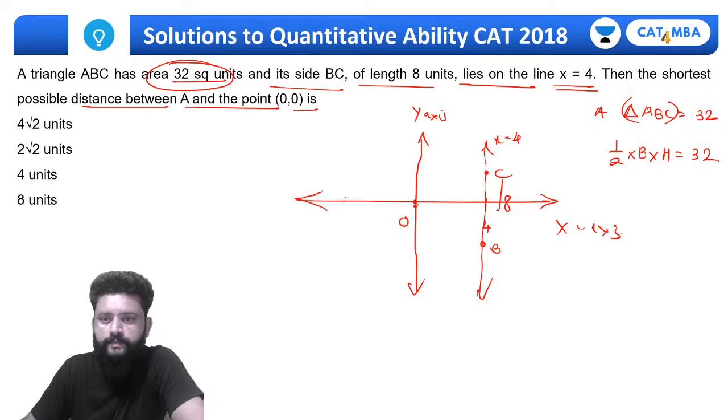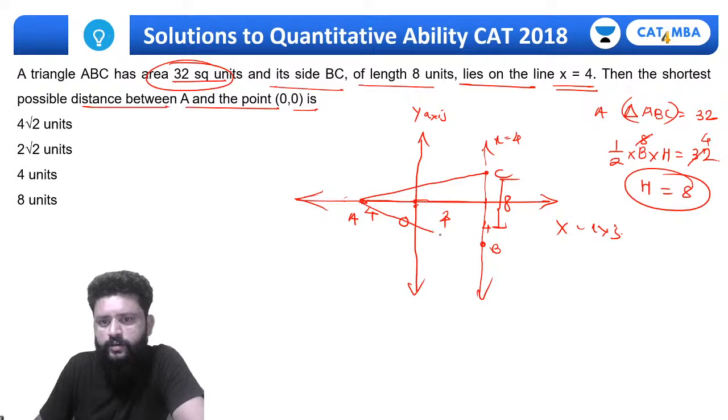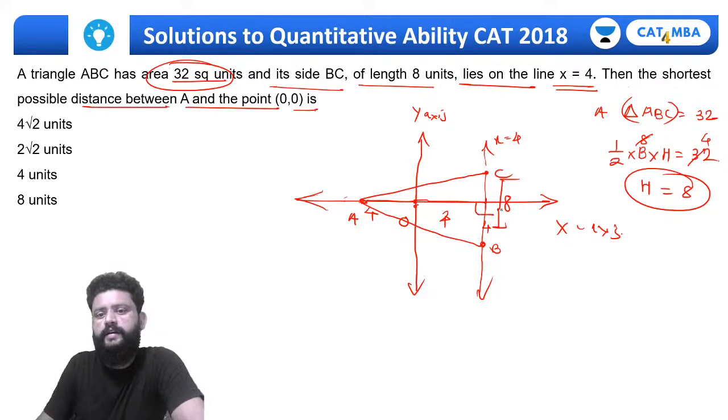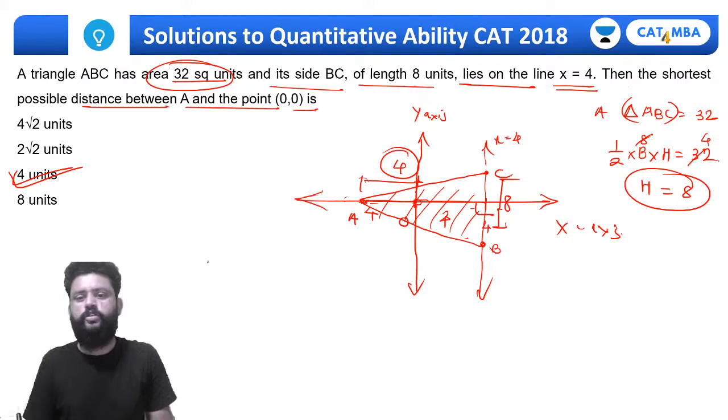BC is 8, so height must also be 8. तो 8 का हाइट मुझे चाहिए, तो इधर 4 है, यहाँ पे मैं 4 ले लेता हूँ. This must be point A. The area of this triangle will be 8 into 8, 64 का हाफ, that is 32. So this is the shortest distance between A and 0,0, 4 units. That's the simple question, really a simple question on coordinate geometry you can have.